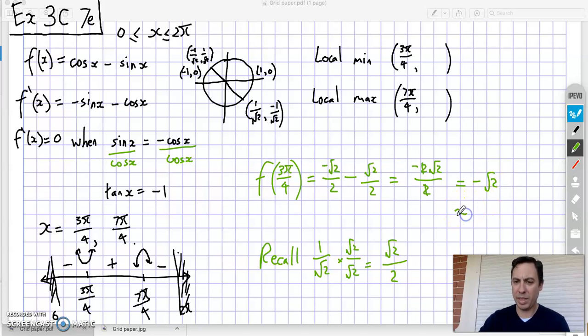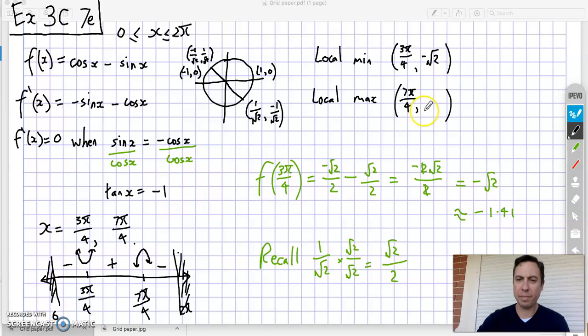And that's approximately minus 1.41. Okay, so we'll just write it as minus root 2, I think.